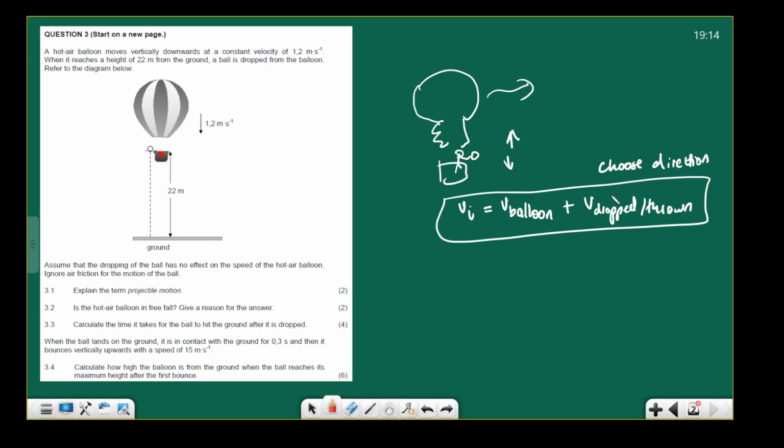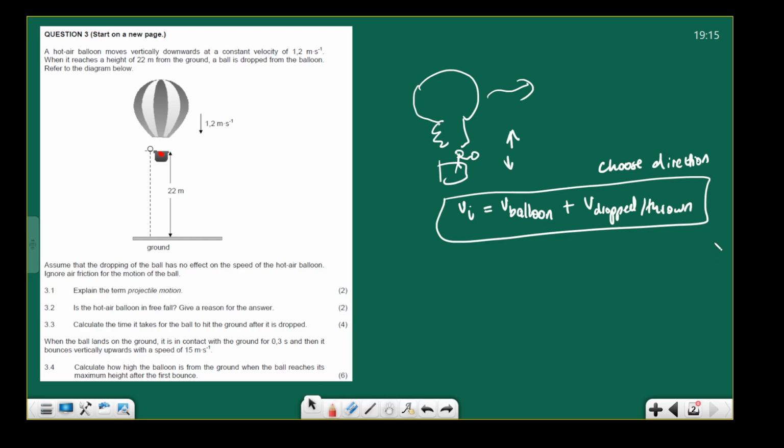If it is dropped, the velocity there would be 0, because something dropped starts off at 0, but if it is thrown, it has a certain velocity. And don't forget to choose direction.